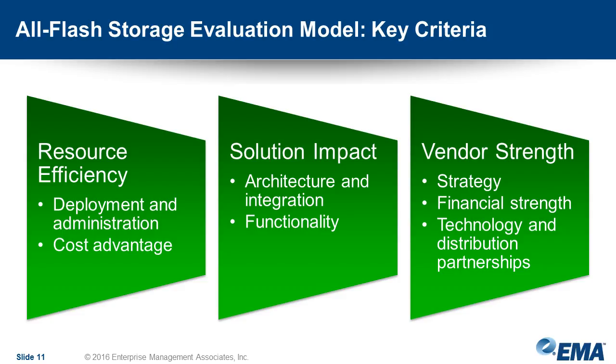Cost advantage is really about not only the price of the product, but how much is maintenance, and are there data reduction capabilities available that can further reduce costs, and also are there programs that allow for products to be upgraded over time, which could extend their economic life.